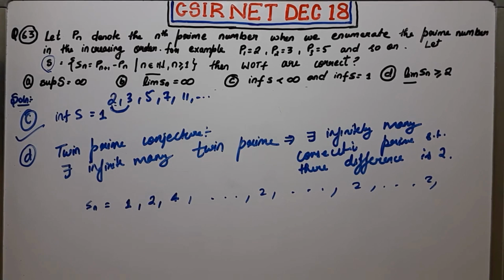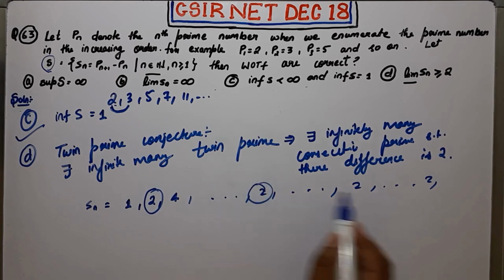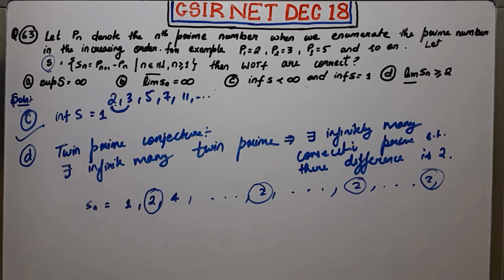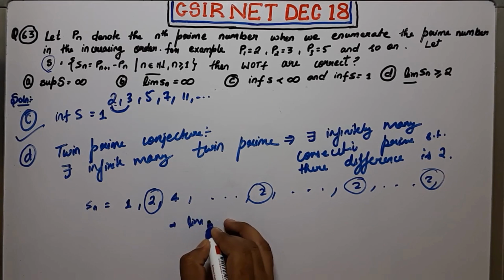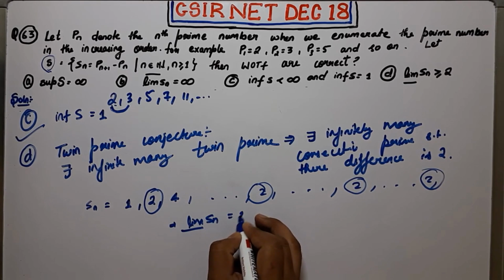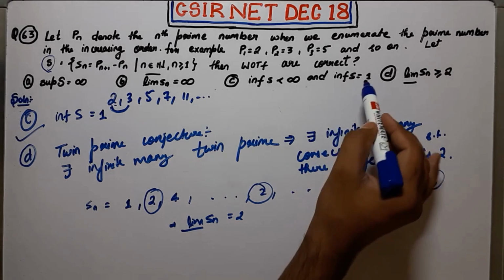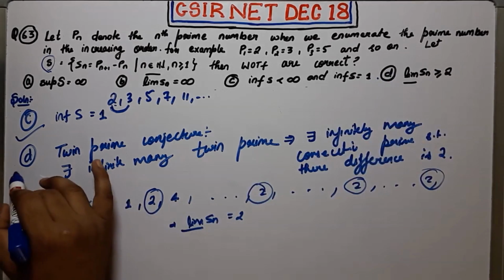So 2 is repeated infinitely many times here, so 2 must be a limit point, and it is the least limit point. Since 1 occurs only once, 1 cannot be a limit point. Limit inferior is actually the least limit point, so 2 is the least limit point. So this implies the limit inferior of Sn is 2. So automatically D is correct. Your D option is also correct.